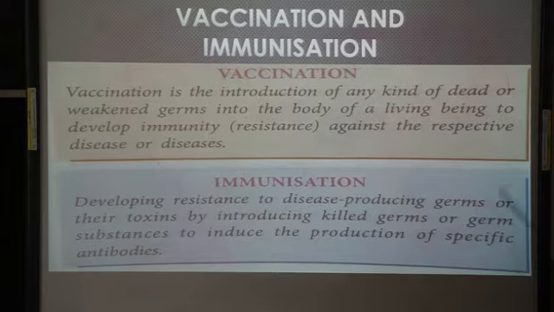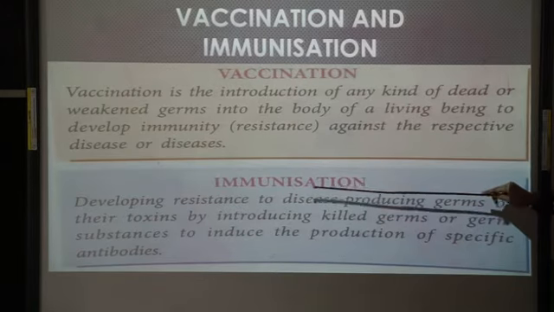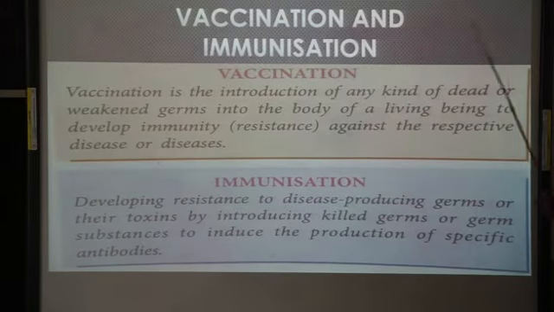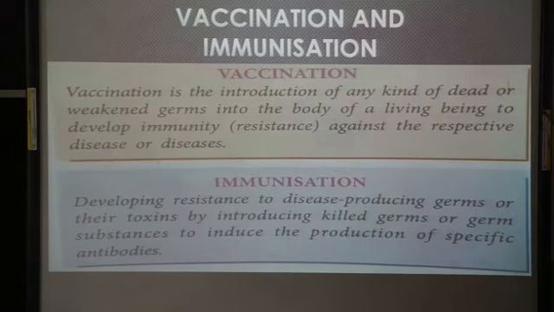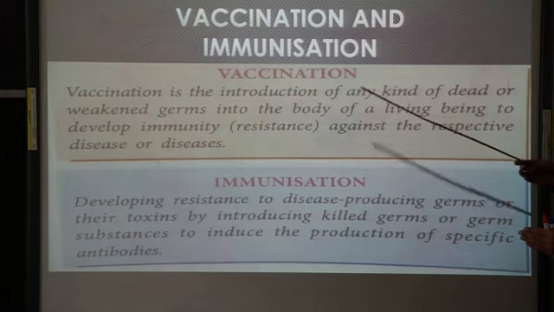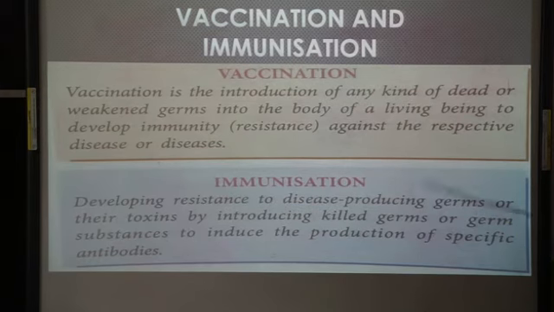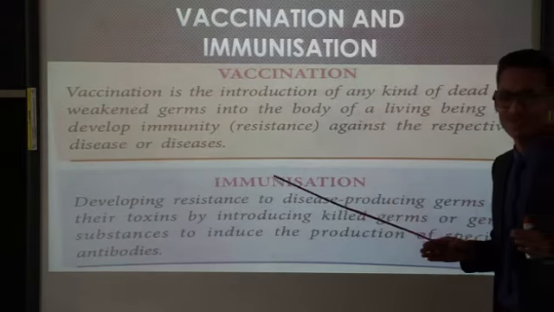So the development of immunity against a particular microbe or disease by the production of antibodies is known as immunization. Clear? So vaccination and immunization are different terms. In vaccination, we are taking microbes which are dead or very, very weak. And after taking those microbes, our body will develop immunity against those microbes or diseases, which is called immunization. Clear?